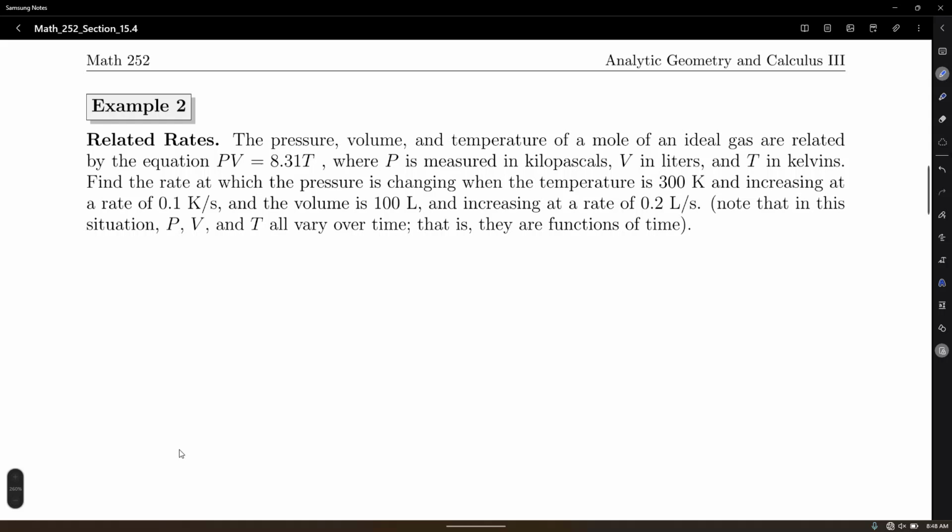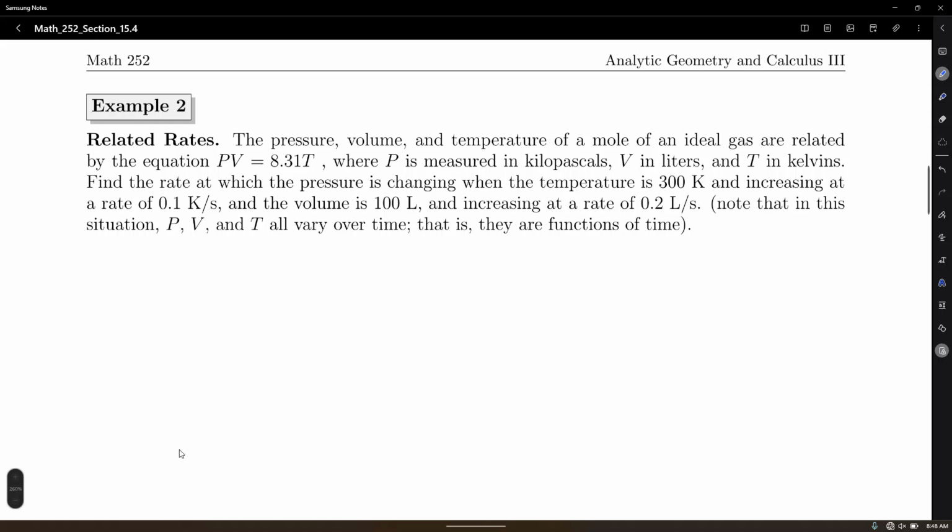Remember that classical problem in Calc 1 when you were first taught related rates, with the snowball getting bigger or melting at different values of time. Well, here we have the same situation, but with three variables changing at the same time.